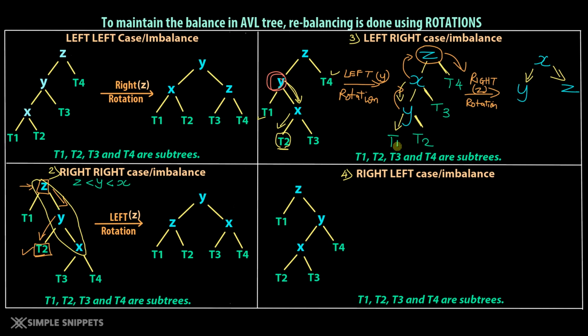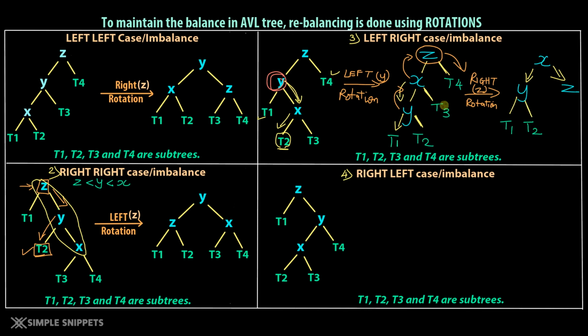And now what about T1, T2, T3, T4? So T1 is fairly easy. It is the left child of Y. So T1 will come over here as the left subtree of Y. T2 is also fairly simple. It is the right subtree of Y. What about T3?